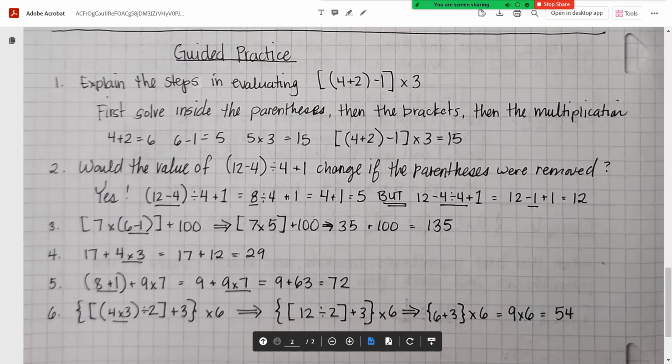And then 2 plus the 1 is actually going to give us 3. So ignore the error over here. That's going to get corrected. But if you did 12 minus 4 divided by 4, you're going to have 12 minus 1 plus another 1, which is going to leave you at 12.